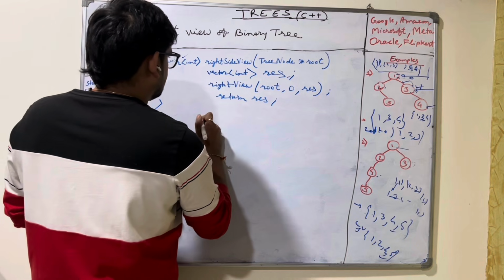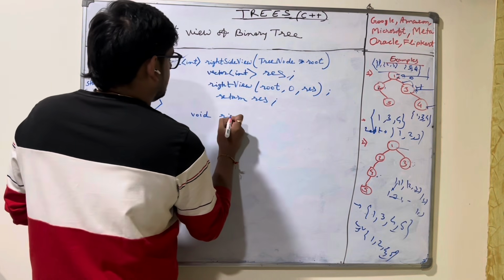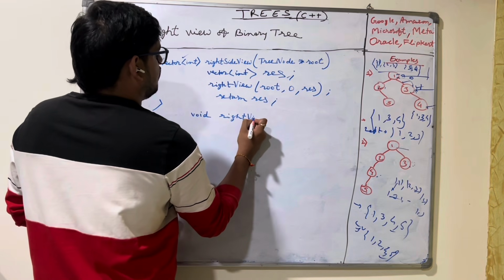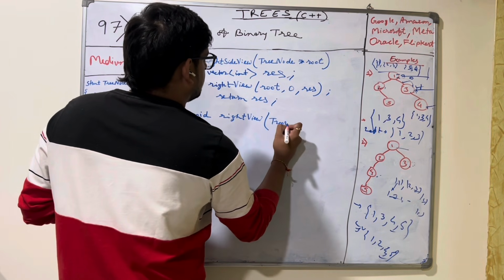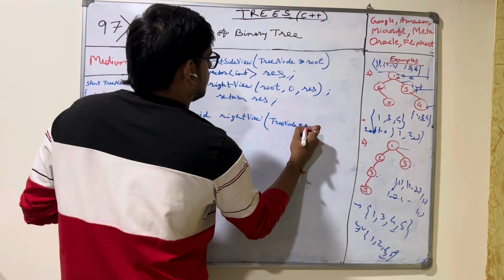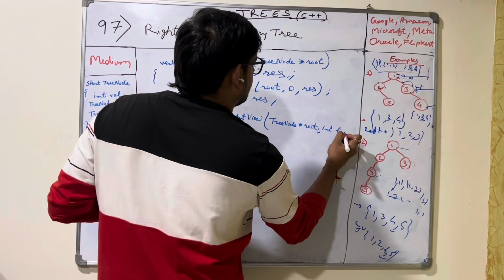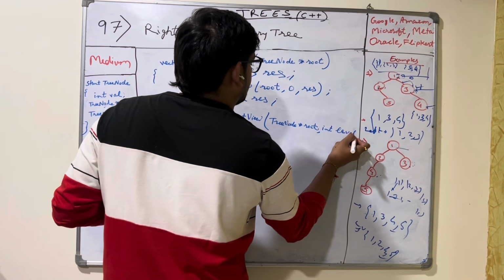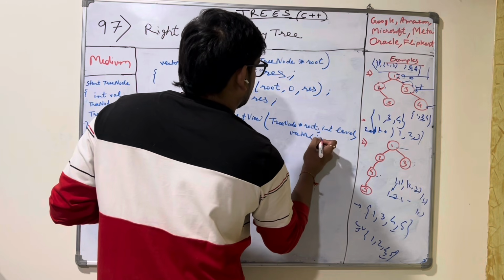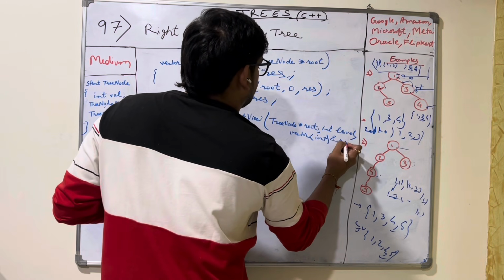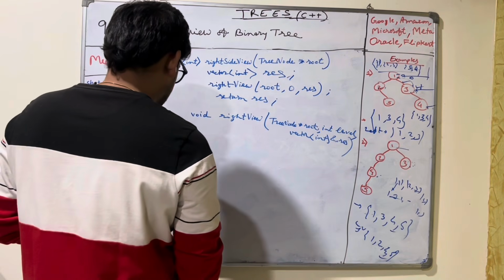Okay, so now this void rightView will define this function, TreeNode struct root, okay, and int level. This 0 is the 0th level we are starting with, and this is vector of int, and we will pass the address of this vector.